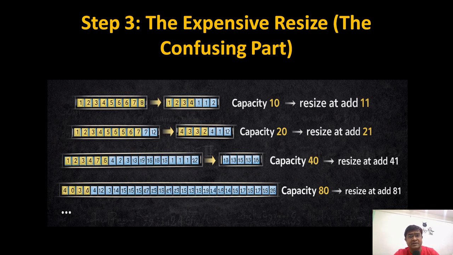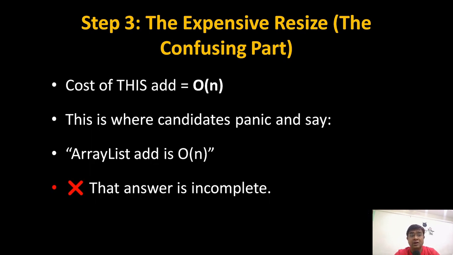At capacity 10, the resize occurs at 11; at capacity 20, the resize occurs at 21; at capacity 40, the resize occurs at 41; at capacity 80, the resize is at 81. This resize is the confusing part. The cost of this add is O(n), because we are resizing.